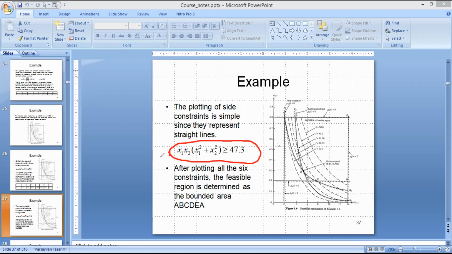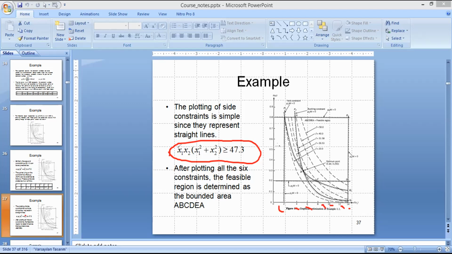We have various values of x1, that is the same, 2, 4, 6, 8, 10, 12, 14. For these values of x1, we need to find out x2. Can you do that? First we have to take x1 is equal to 2.